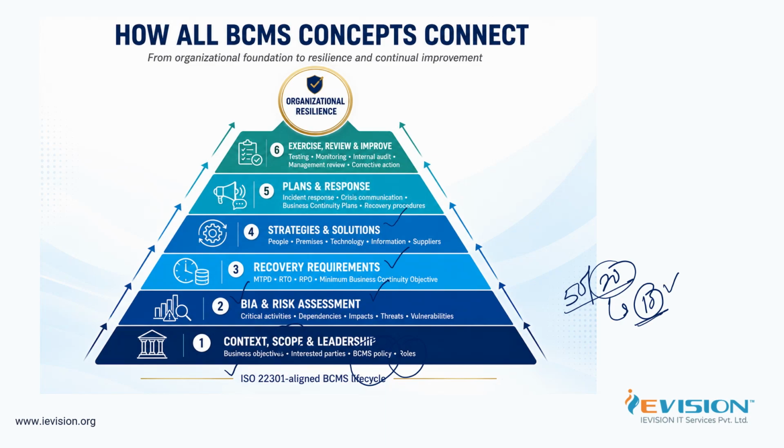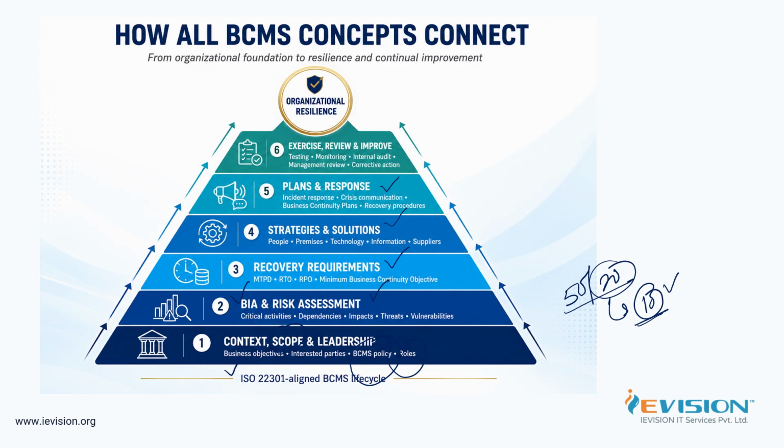The next step is you have to define strategies. How are you going to recover from cyber security incidents, or if there is a cyber security attack, or a natural calamity, or a power failure, how are you going to recover from that? You will have to have a strategy for that.